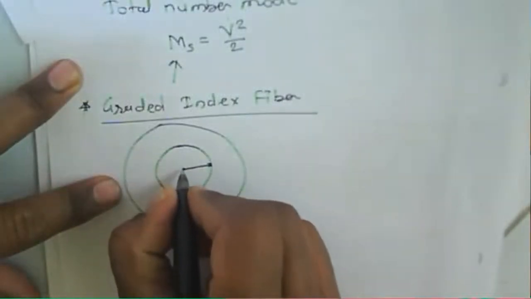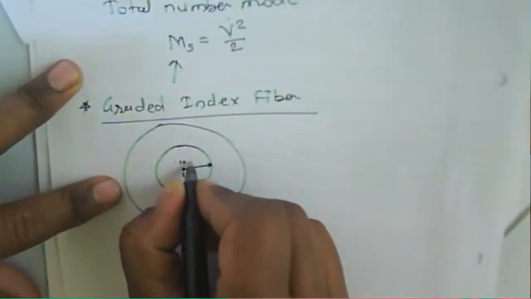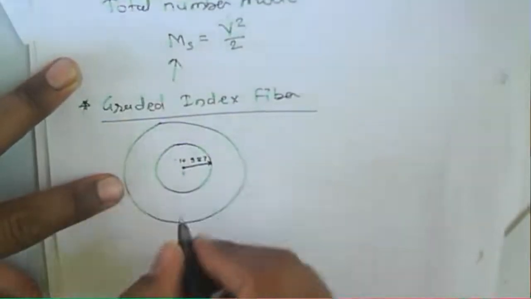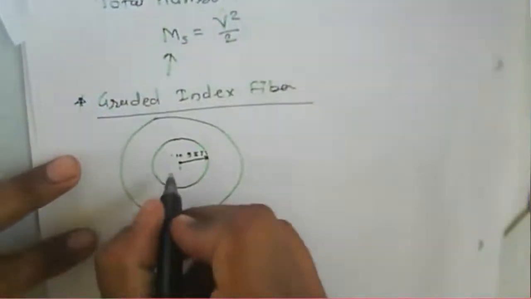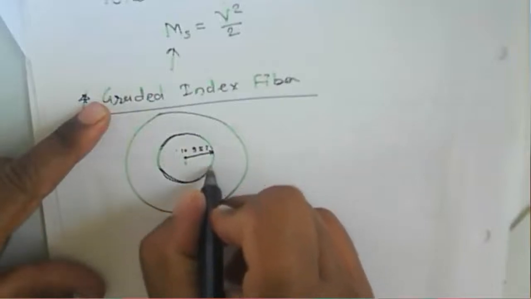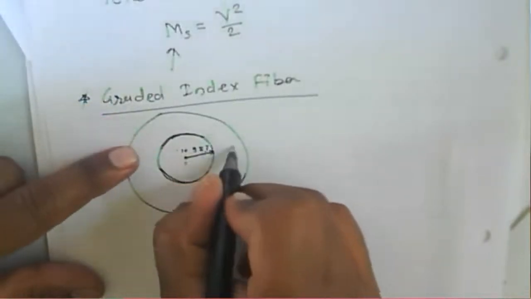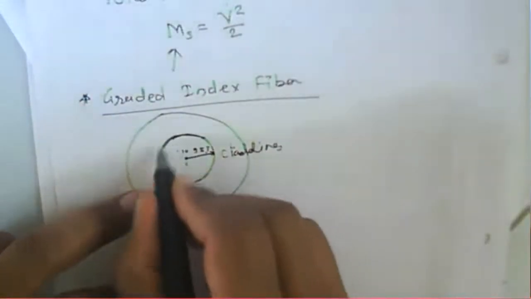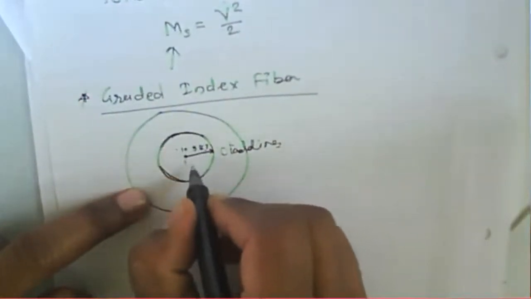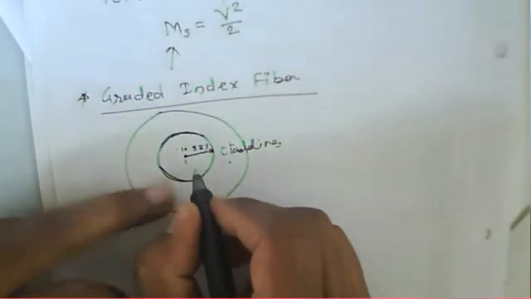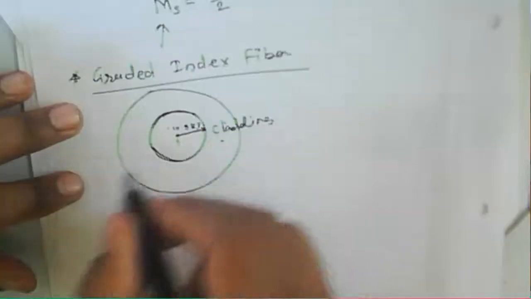Now suppose, for example, at the center it is 10, then 9, then 8, 7, 6, likewise. Just take an example, so that gradually it decreases. But there is a difference between the core refractive index and the cladding. The core refractive index should be higher as compared to the cladding, but inside the core, the refractive index gradually changes.